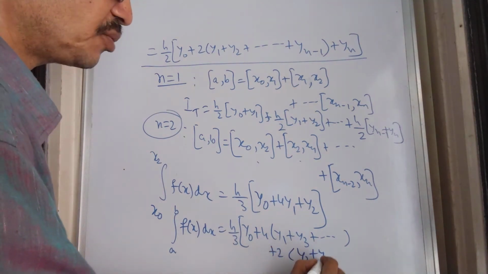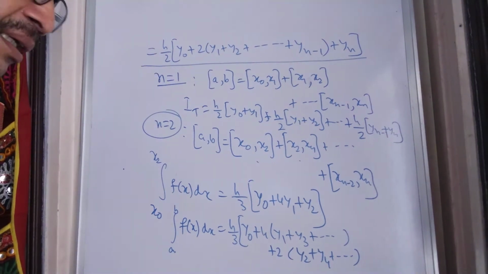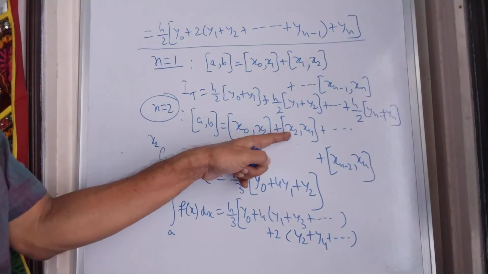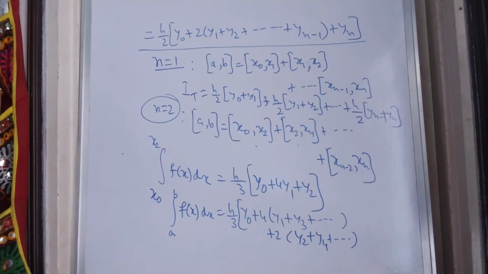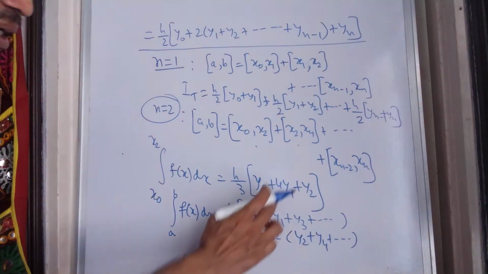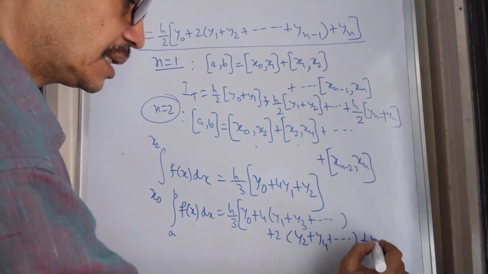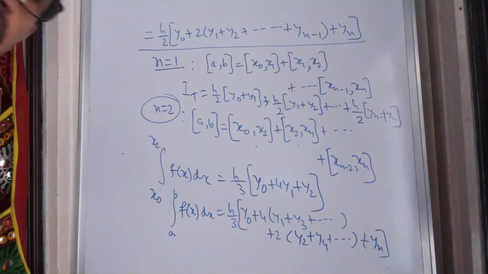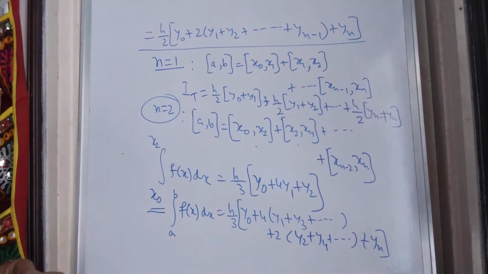So y2 plus y4 plus ... are added twice: x2 added, x4 added, and then xn minus 2 is also added. So all the odd nodes are multiplied by 4 and all the even nodes are multiplied by 2, and the extreme two nodes remain multiplied with 1. So this is Simpson's 1/3 rule.